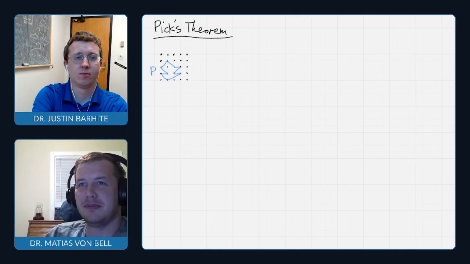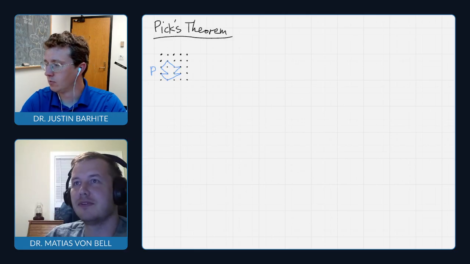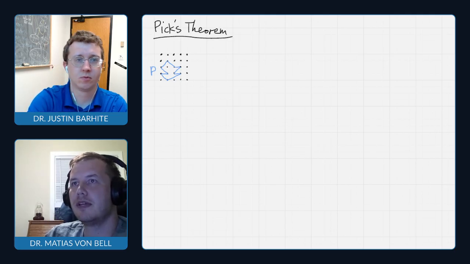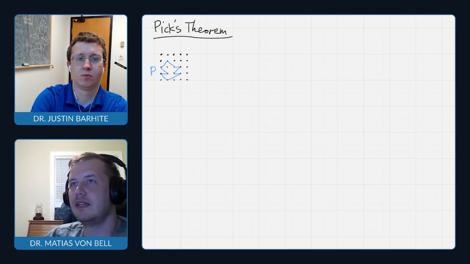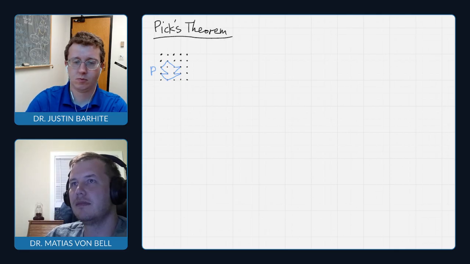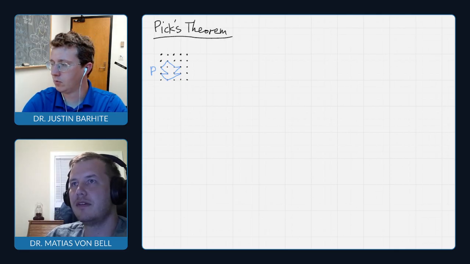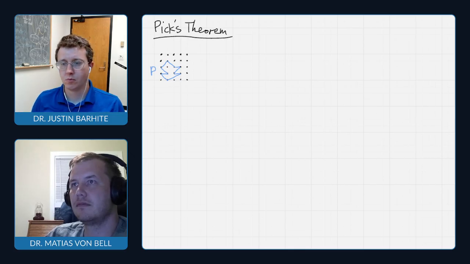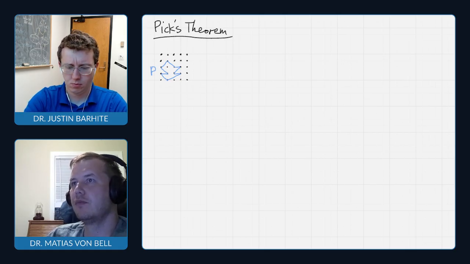So what's the theorem? Well, the theorem says, let me write it here: for any lattice polygon, also known as an integer or integral polygon, and let me add the word simple there, simple integral polygon, this wild claim is true.